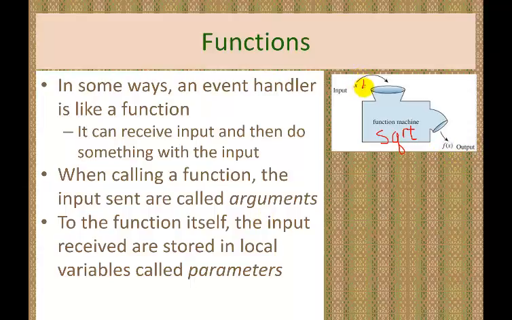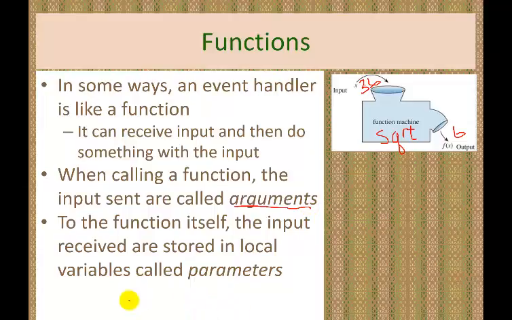So suppose I'm going to call the square root function and supply the value of 36 as input, and what will come out? 6. If 81 were input, 9 would be the output. That value, 36 or 81, provided by the programmer calling the function, is called an argument. So an argument then is data sent to a function.